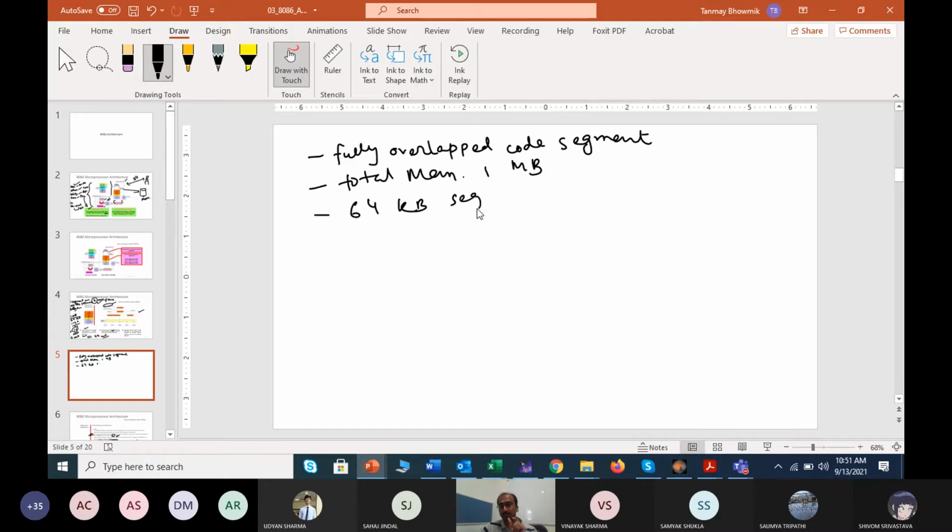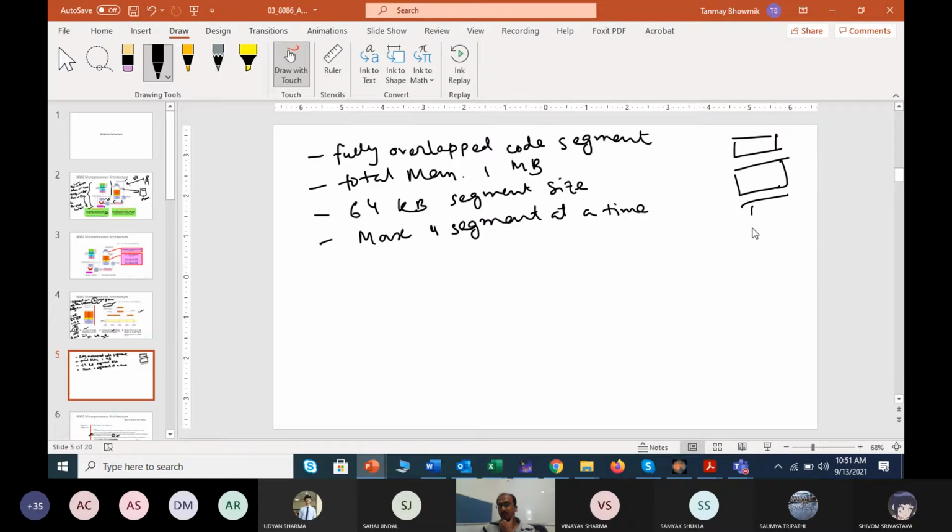This is the segment size. You are also given that at a time you can access a maximum of 4 segments, right? So all these 4 conditions have been given. So if you draw the diagram, you are accessing 1, 2, 3, 4. So these 4 segments you are accessing at a time.